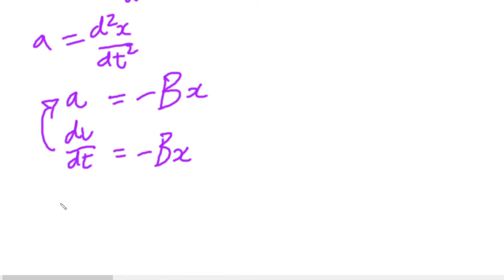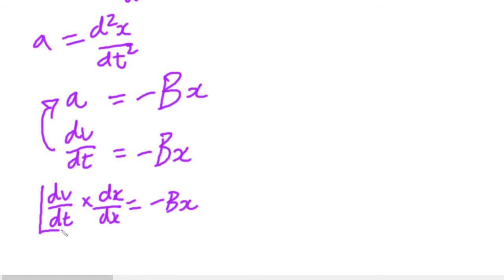So dv by dt multiplied by dx over dx is equal to minus bx. Now here's the interesting thing. dv, dt, and dx are all individual things that we can think about. They represent an infinitely small change in some quantity, x, t, or v. They're not mathematical concepts that, well, I mean they are, but they can't be treated in this scenario as if this is one object.